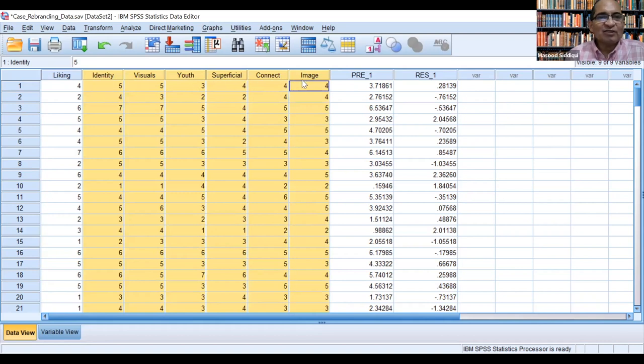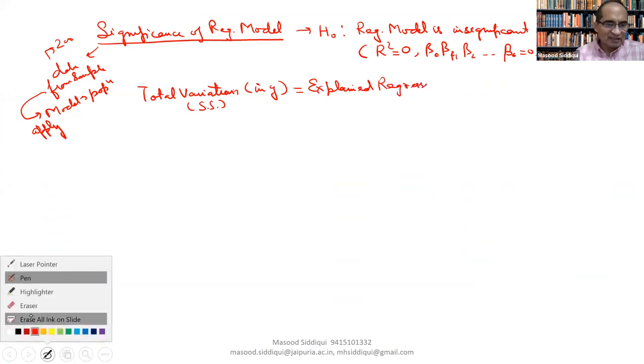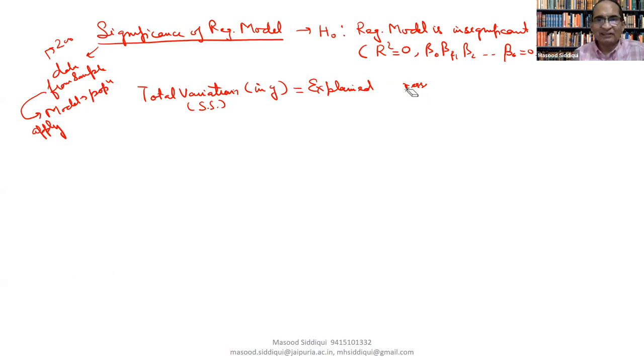So with the change of x1, x2, up to x6, the y may change. It has been visualized in the model also. Since it has been visualized in the model, that is why we are performing the regression analysis. So this reason is known as explained variation.